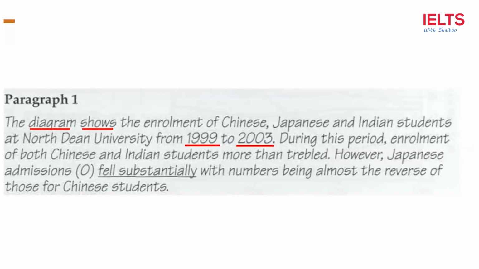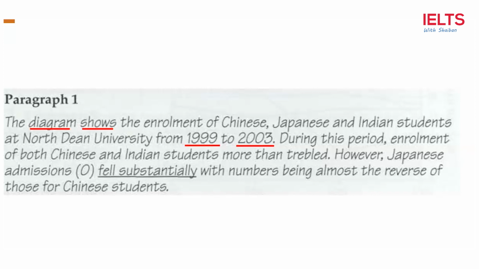Look carefully here, and if you remember, I said in the summary, both Indian and Chinese students' numbers increased, while Japanese fell substantially. So, look at the overview.